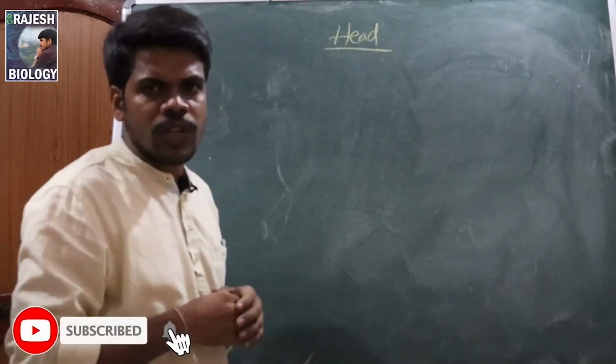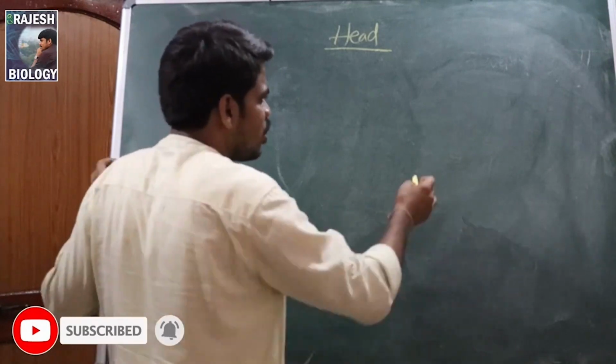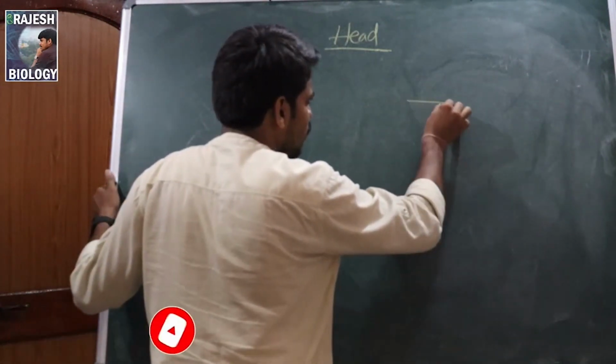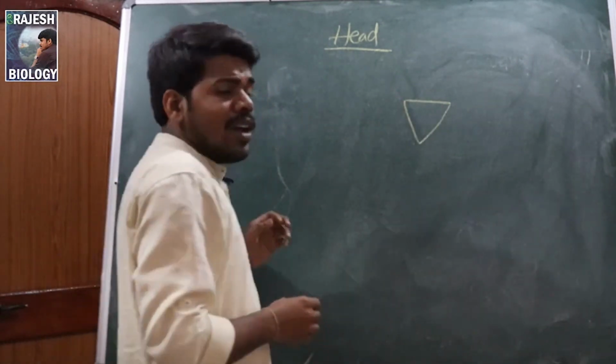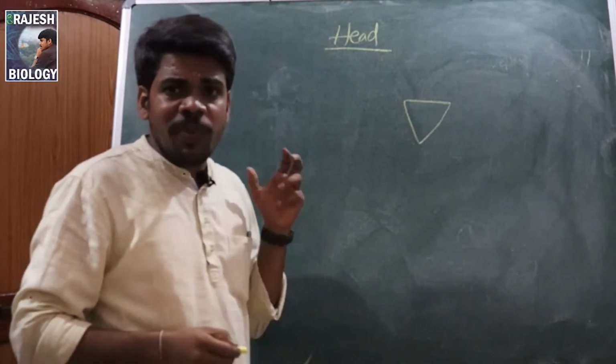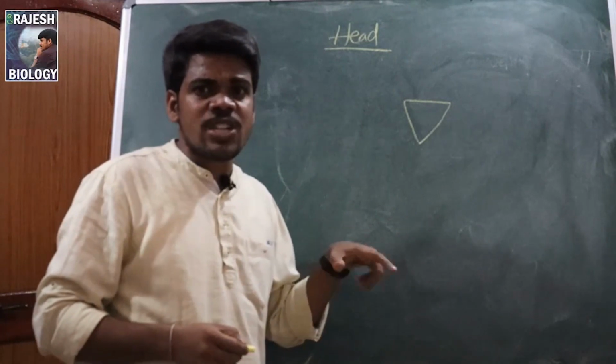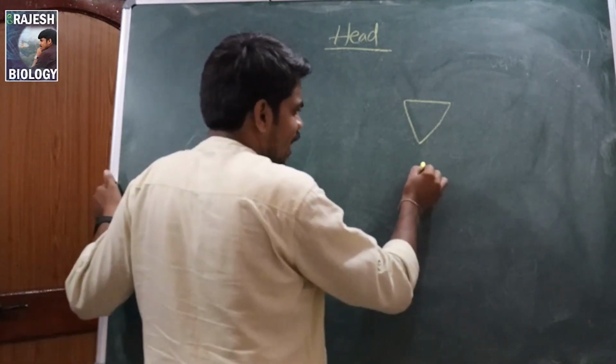The head of the cockroach is triangular in shape. In which shape? In triangular shape. And this triangular head is at right angles to the body.